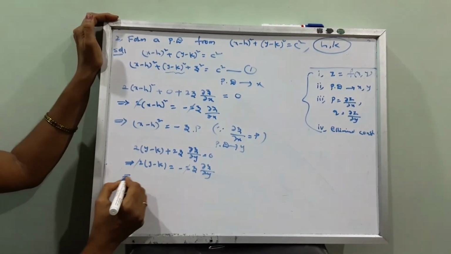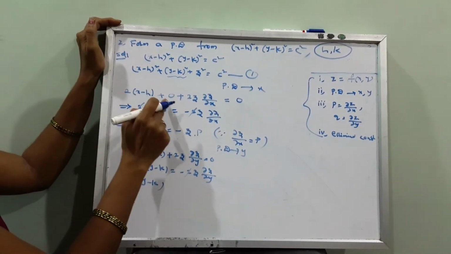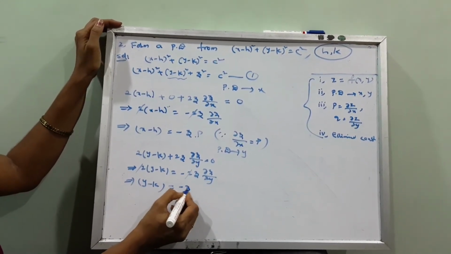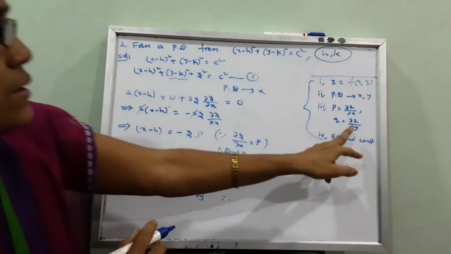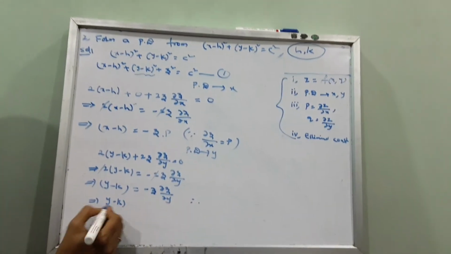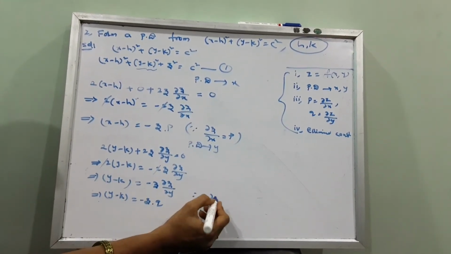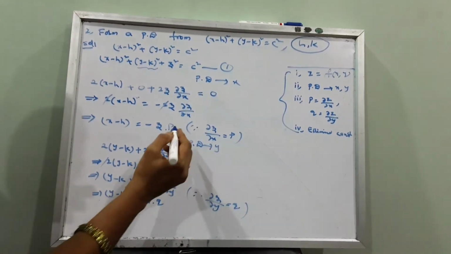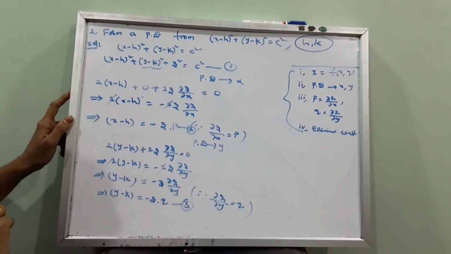The 2 cancels, then y minus k is equal to minus z into dou z by dou y. Put dou z by dou y is equal to q, which implies y minus k is equal to minus zq. So here it is equation 2 and this is equation 3.